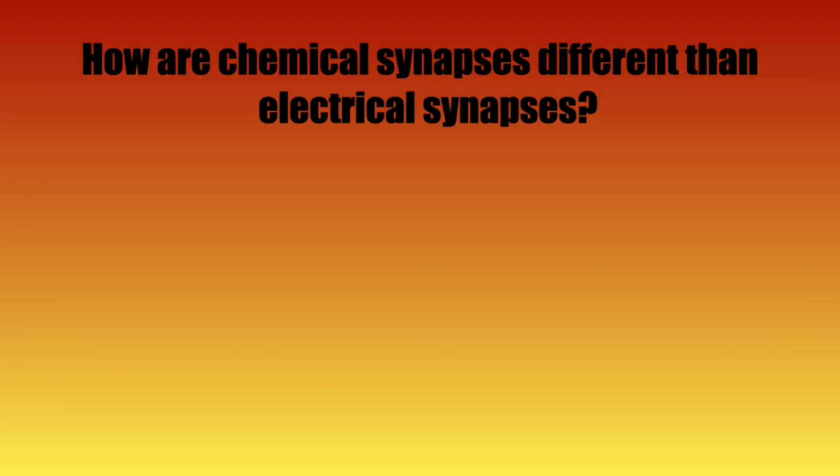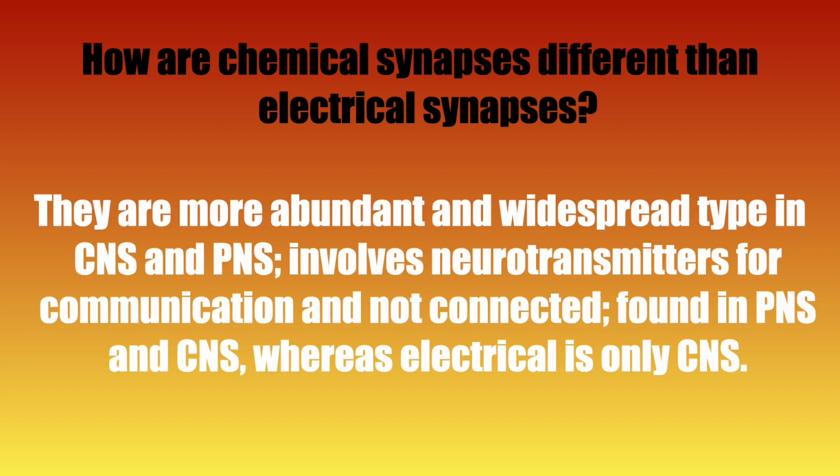How are chemical synapses different than electrical synapses? The answer is they are the more abundant and widespread type in the CNS and PNS, involve neurotransmitters for communication and are not connected, and are found in the PNS and CNS, whereas electrical synapses are only in the CNS.